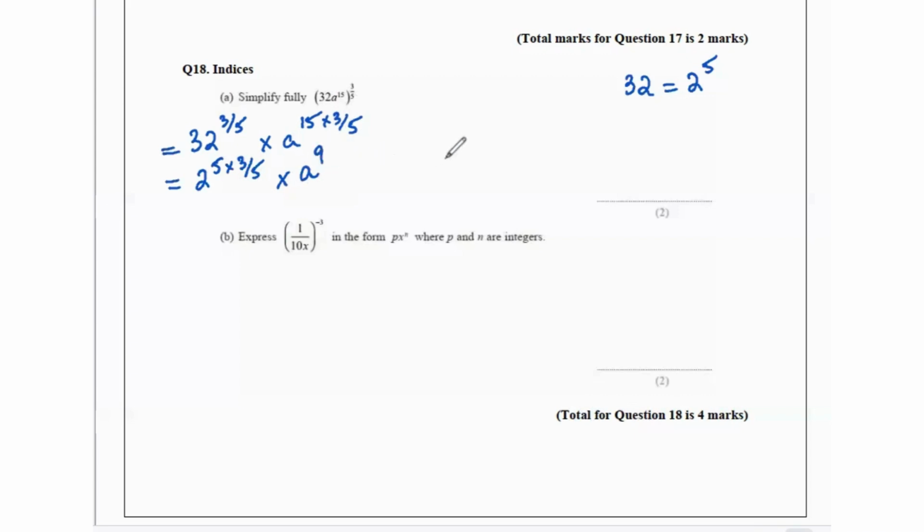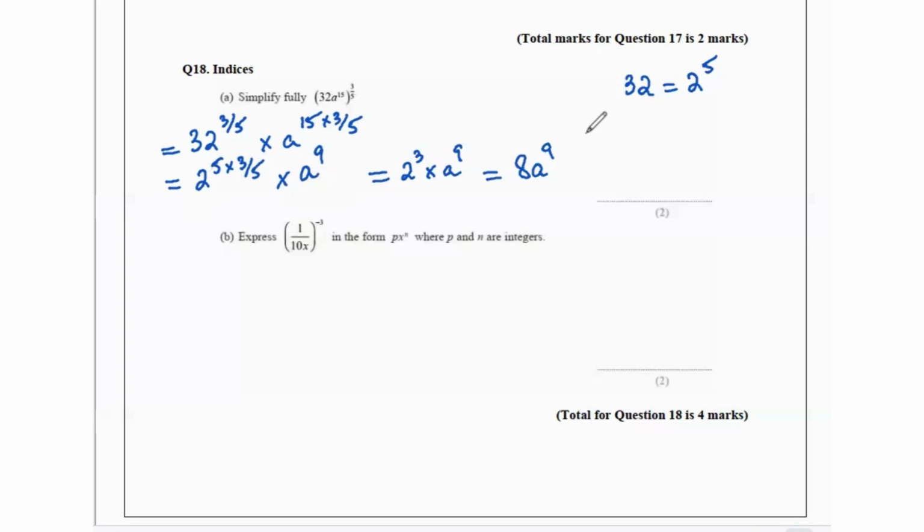So it becomes a to the power of 9. And 5 divided by 5 is 1. So it's 2 cubed times a to the power of 9, which is basically 8a to the power of 9. That is your answer.